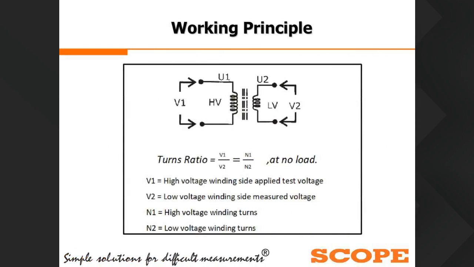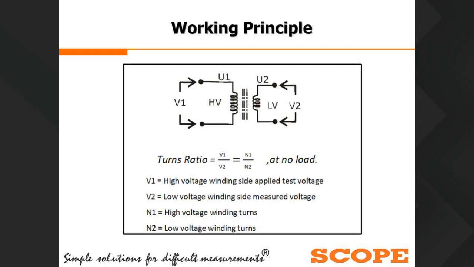The working principle of transformer turns ratio measurement is very simple. Here you can see the HV winding and LV winding. We need to inject some voltage from the HV winding, and after that we need to measure the LV voltage.